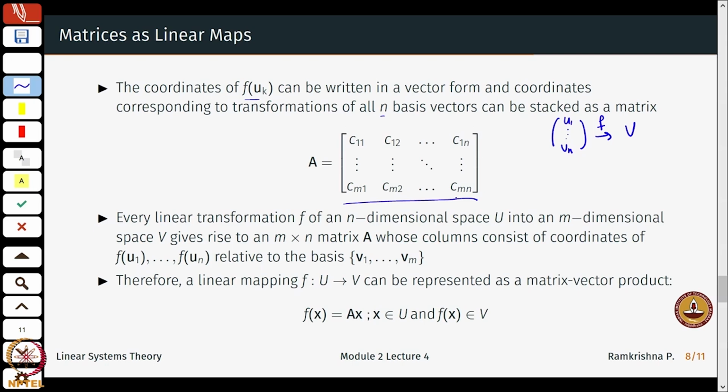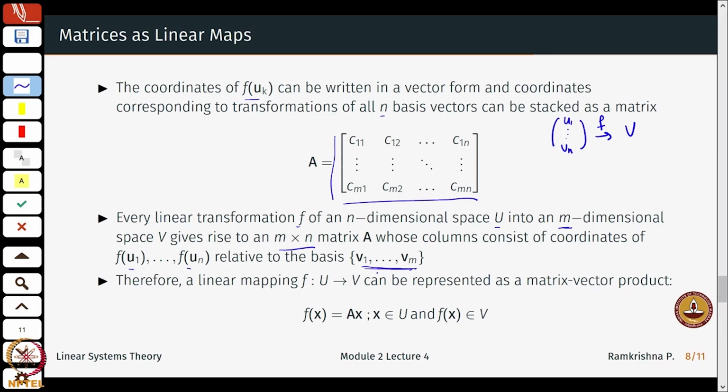Okay. So, every linear transformation f of an n dimensional subspace u into an m dimensional subspace v gives rise to an m cross n matrix A, whose columns consist of the coordinates of f u1 until f un, again with respect to the basis v1 till vm.